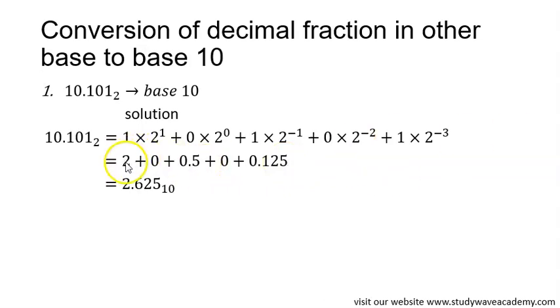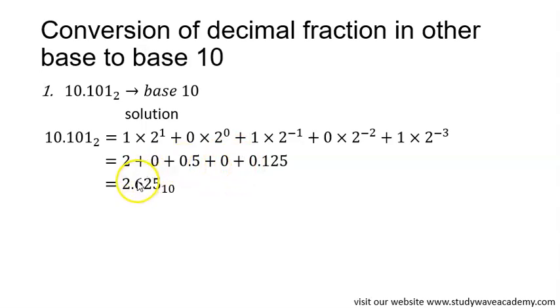So now it's time to add. You first of all add the whole number, so 2 plus 0 is still 2. So you write your 2, then you move over to the point. 0.5 plus 0 is still 0.5, plus 0.125 is going to give you 0.625.